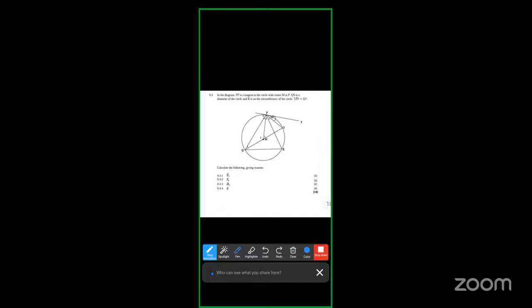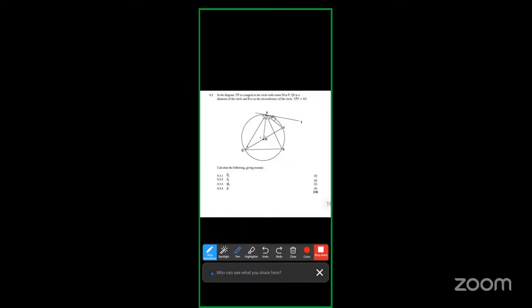Then afterwards, you can check if there is a radius. Yes, indeed, there is a radius in the diagram. This is our radius, this is our radius, and this is our radius too. This implies that these lines are equal, reason being radii, and again this line is equal to this line. So this angle is equal to that angle, reason being base angles of an isosceles triangle, or angles opposite equal sides.